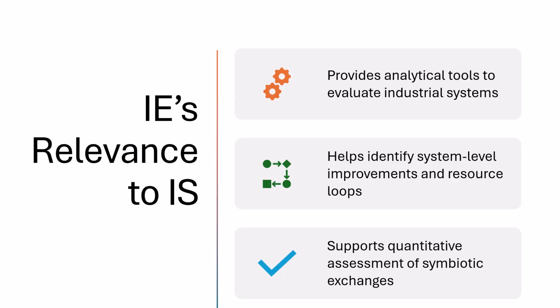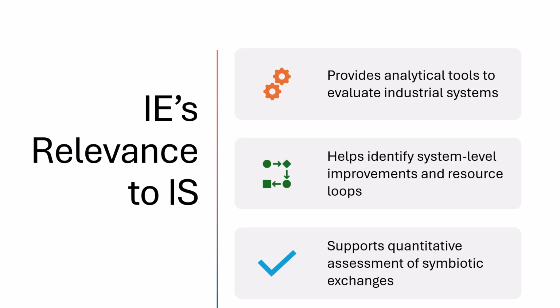IE relevance to IS. How can this be relevant? It provides analytical tools to evaluate industrial systems and helps identify system level improvement and resource loads. It also supports quantitative assessment of symbiotic exchanges. How do you see the relatedness between industrial ecology and industrial symbiosis?